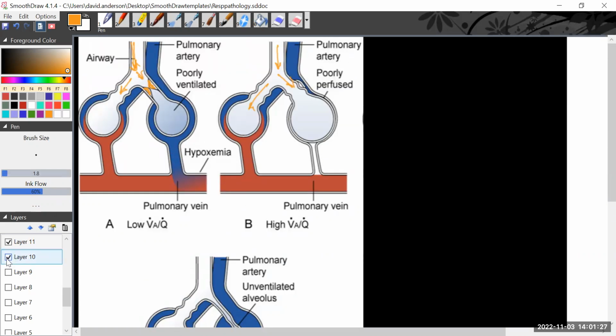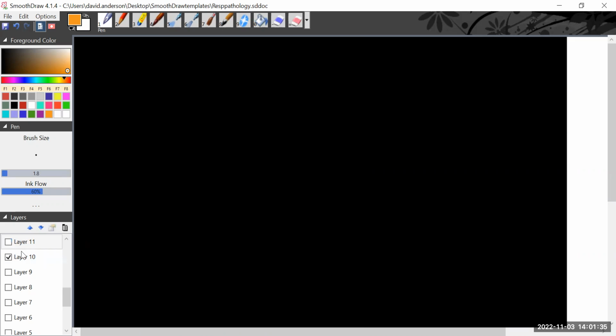Okay, so the goal is always to try to maintain the ventilation perfusion ratio as close to 1-to-1 as possible. If you remember that, you can figure out the adjustments that need to be made, depending if it's an airflow problem or if it's a blood flow problem.